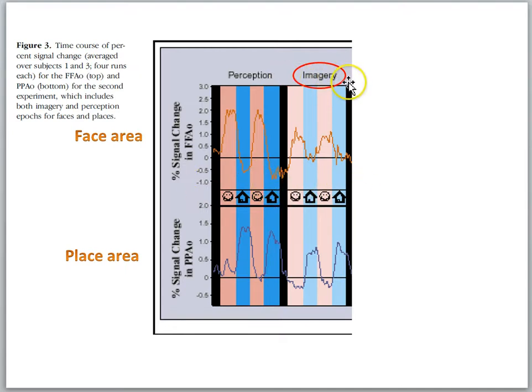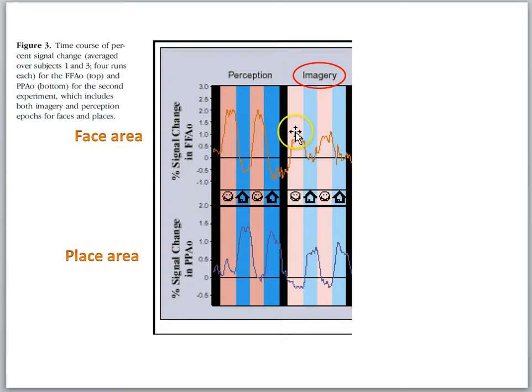Now think of what it means to imagine a face, right? We can close our eyes, no external stimulation, there's no face that we're seeing, but we're simply internally generating the image of a face. So in a sense, we're reactivating a memory of what a face looks like, or maybe somebody we know, and likewise with a house. So imagery involves reactivating stored memories of the stimuli that we're imagining.